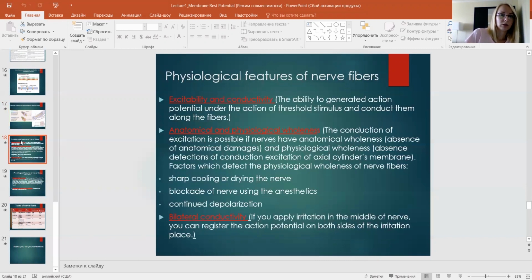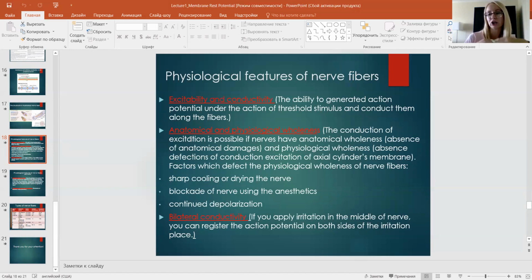And now we have the last item of today's topic, features of nerve fibers. The first feature is excitability and conductivity. What is it? It is the ability to generate an action potential under the action of a threshold stimulus and conduct it along the fibers. The second one is anatomical and physiological wholeness.